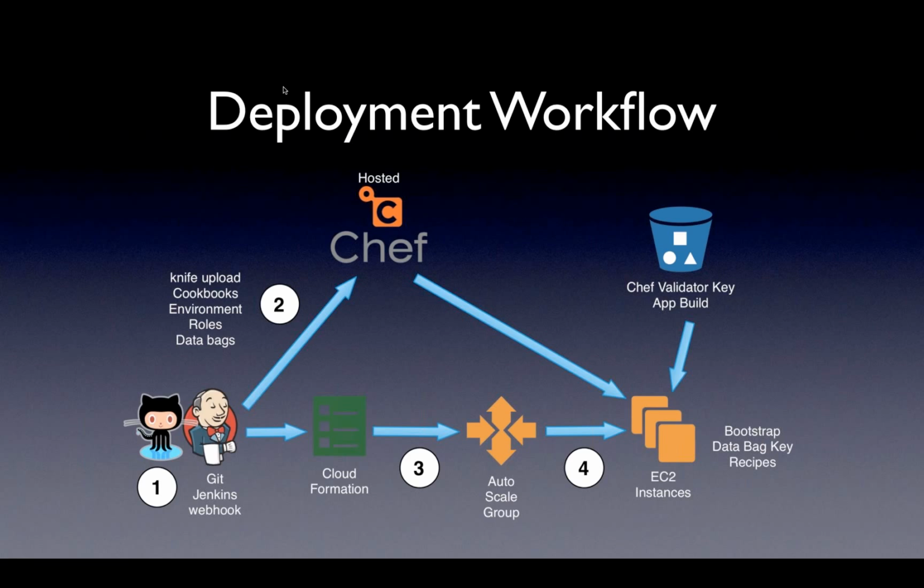What's a typical deployment workflow look like for us? So first, we have Git, and this is in places where we have actual continuous deployments. Now, a caveat here is that continuous deployments happen in dev.